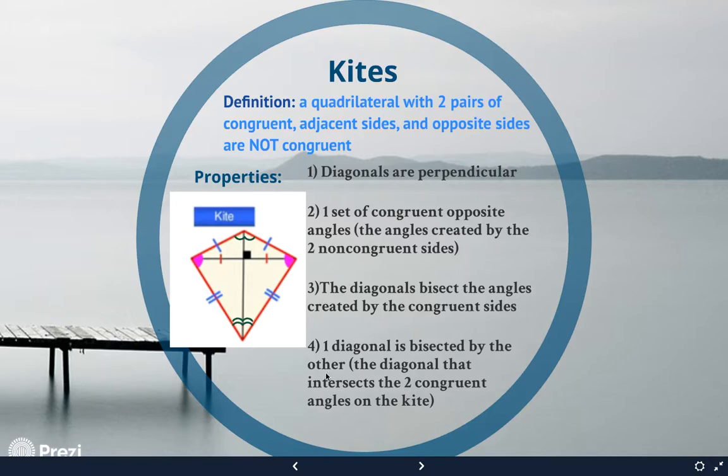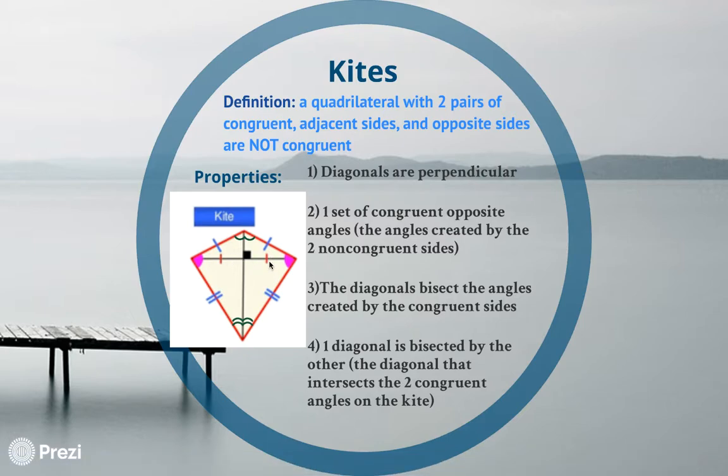Alright, and property number 4 is one diagonal, just one, is bisected by the other. So only one diagonal is cut in half. And it's the diagonal that intersects the two congruent angles. So the diagonal that runs through the congruent angles is the one that gets cut in half and makes these two congruent segments. So there's a lot of crazy properties with kites, and a lot you just sit there and memorize.